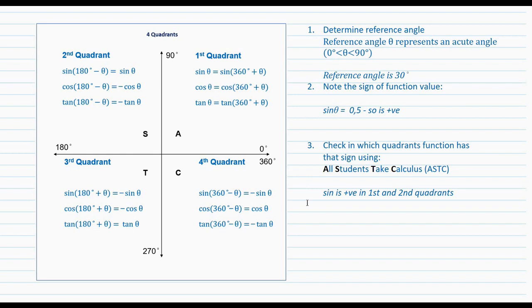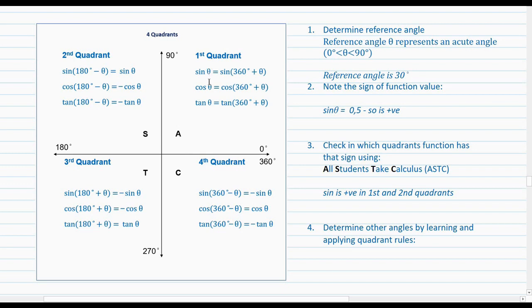Then we go to the fourth and final step, which is to determine the other angles by learning and applying the quadrant rules. And what are the quadrant rules? They're the equations we see in the left side terms in these brackets. So in the first quadrant, the bracket on the left side functions, if there was one, would just have a theta in it.